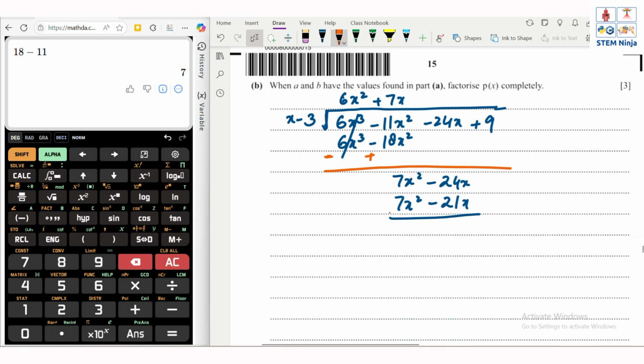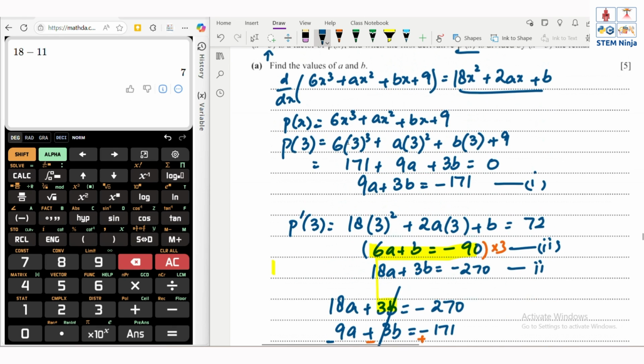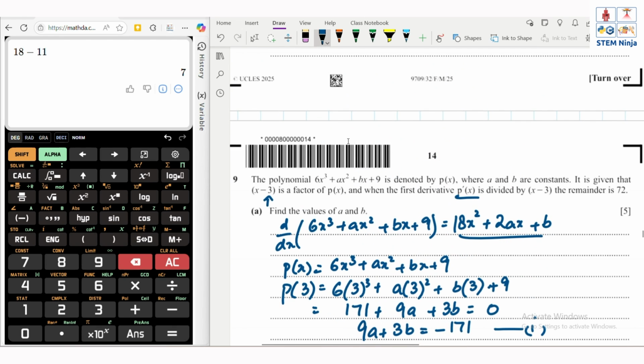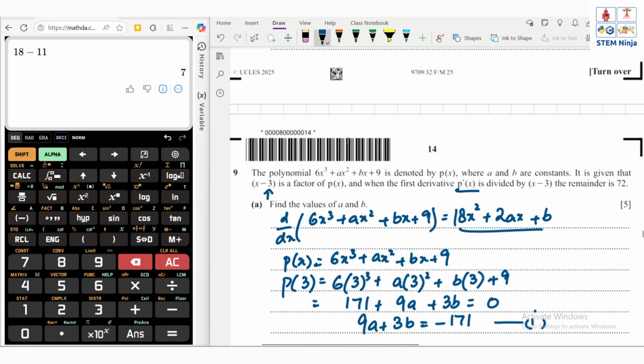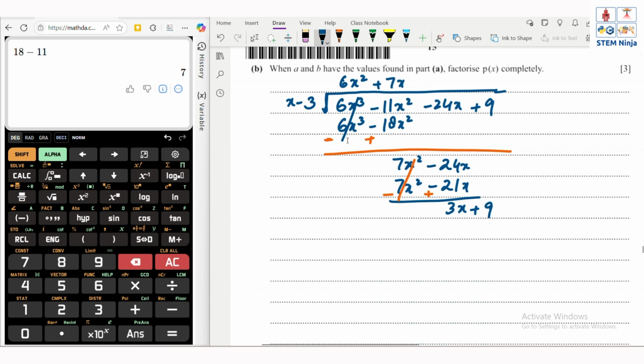So minus plus, this cancels out, leaving us with 3x plus 9. Is it minus 9 or plus 9? Oh, sorry, this is negative. So we multiply this by minus 3, we get minus 3x and plus 9. So obviously this is over.